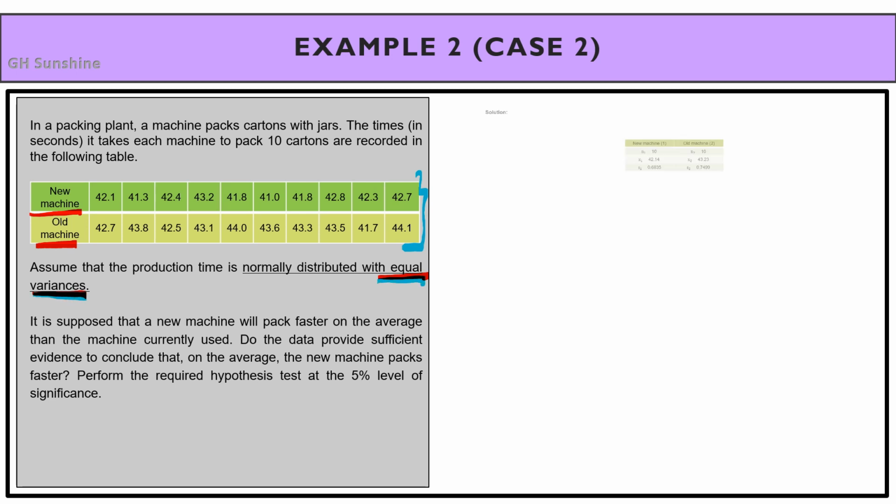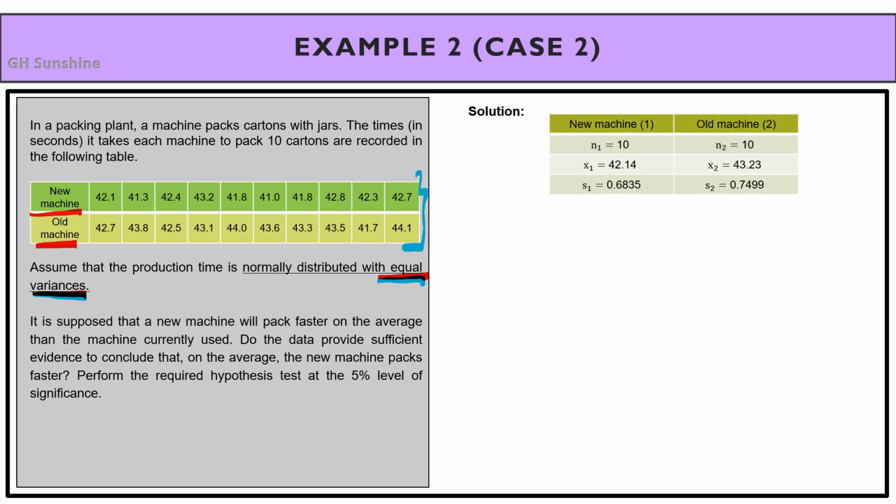So first step, calculate. Let new machine denoted by number 1, old machine denoted by number 2. So this one, sample size, sample mean and also sample standard deviation for each population, for new machine and for old machine. Okay, next step.